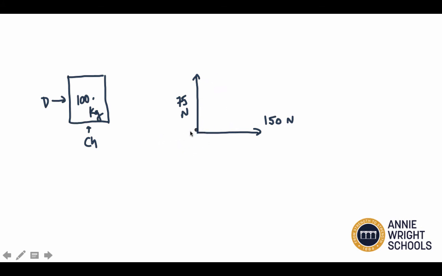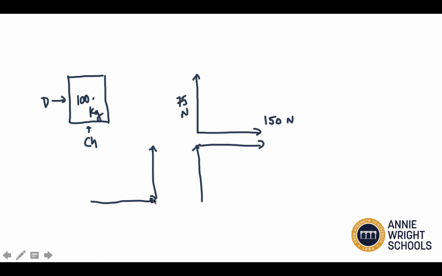Remember, I like to add vectors head to tail. So Chai is pushing up and Diego's pushing to the right. I would think of that as Diego's push and then Chai's push, or I'd think of that as Chai's push and then Diego's push at the end of that.